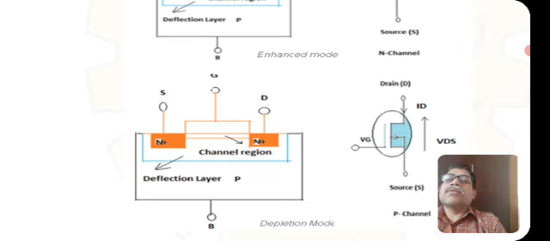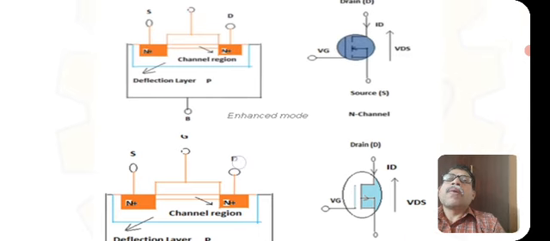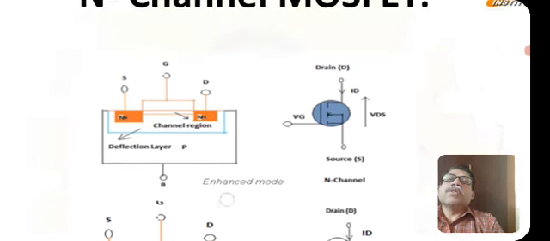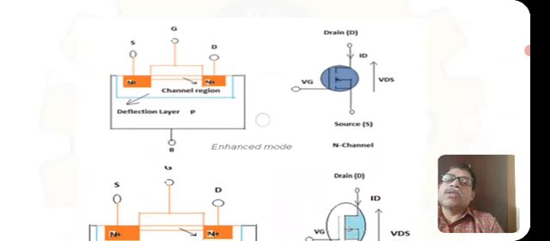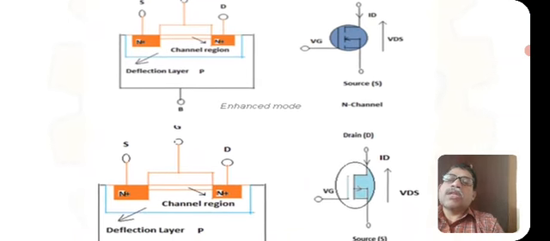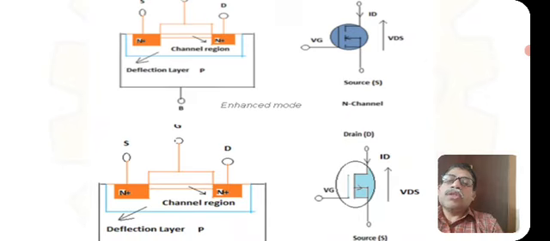And see here the depletion type mode. There is a difference between the depletion and the enhancement type mode. See here, the direction reverses between the enhancement and the depletion mode. Both are N channel, since the channel is formed between the two N diffused layers.